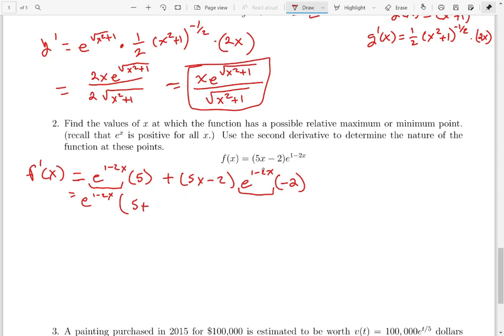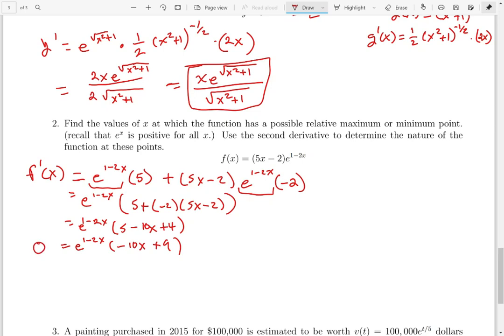I'm going to go ahead and distribute this negative 2 into 5x minus 2: 5 plus negative 2 times 5x minus 2. And so let's clean it up a little further. That's e to the 1 minus 2x, 5 minus 10x, and I get that this is e to the 1 minus 2x times negative 10x plus 9. At this point, we should set it equal to 0 and use the zero product property.